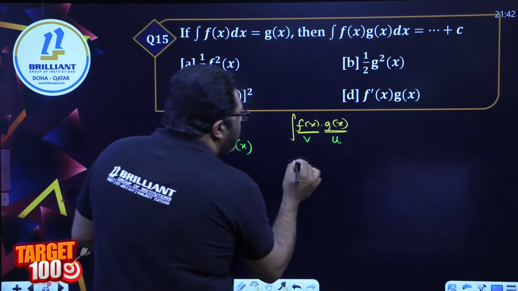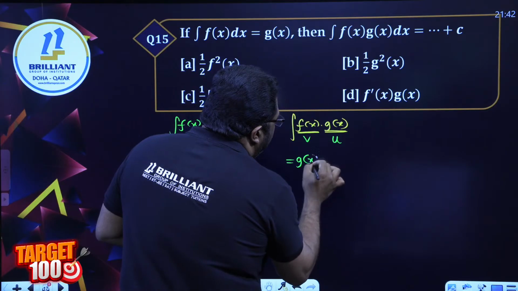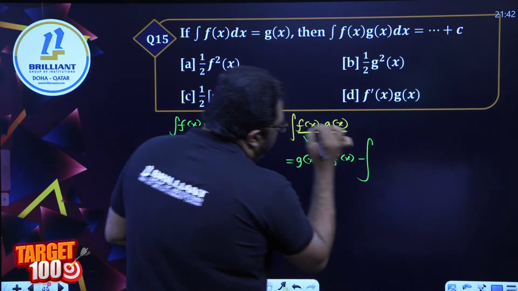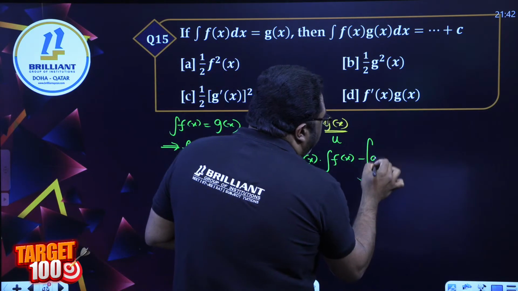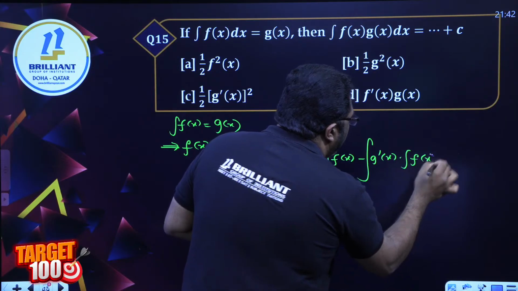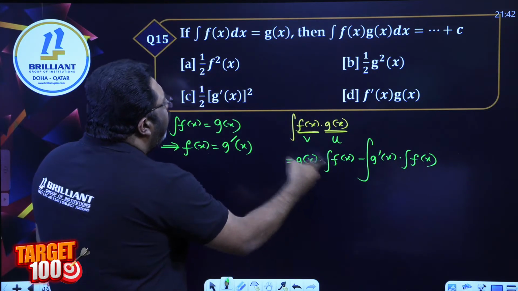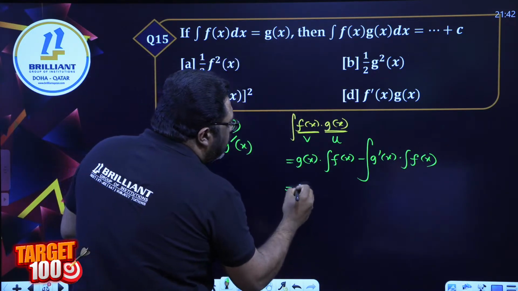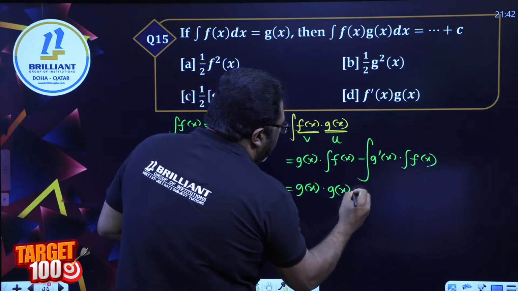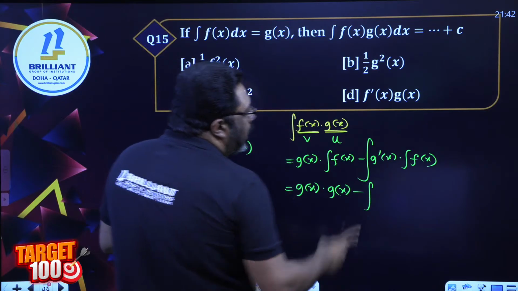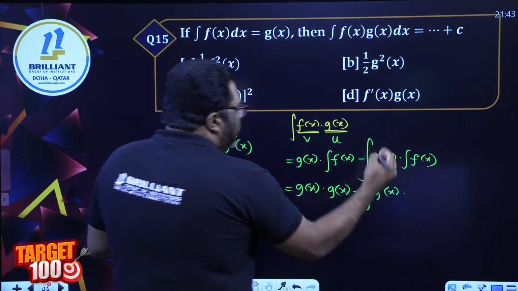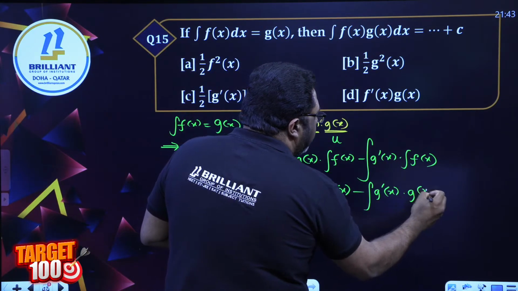So u into integral of v minus the integral of derivative of u into the integral of v. Since the integral of f of x is g of x, we get g of x into g of x minus integral of g dash x into g of x.